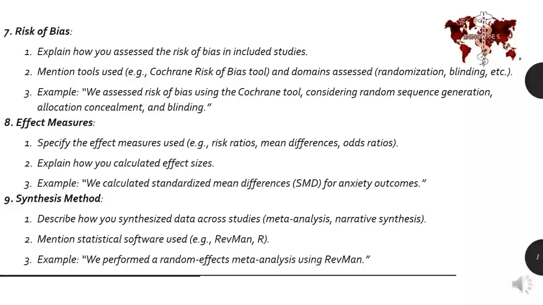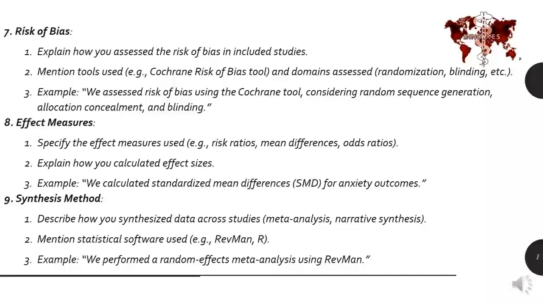So next, we'll be talking about item 13. In item 13, you want to describe the process you used to decide which studies were eligible for your synthesis. That's the first thing. Then you want to talk about how you synthesized data across studies. You considered multiple studies, did you do a meta-analysis?